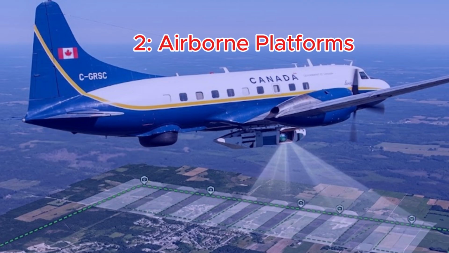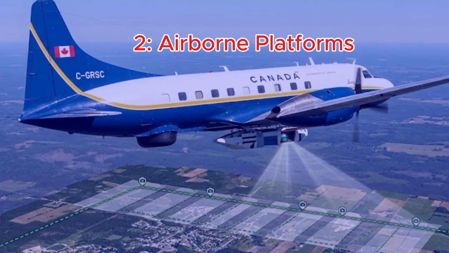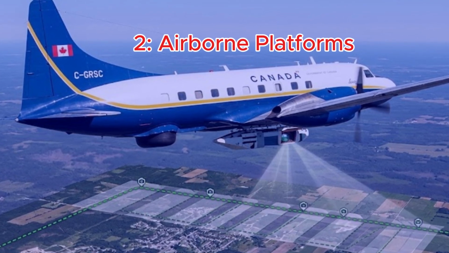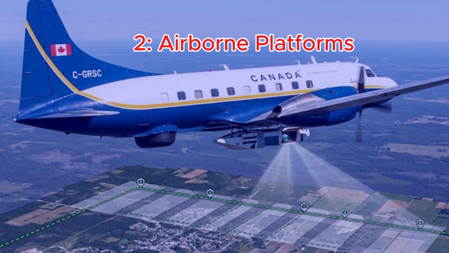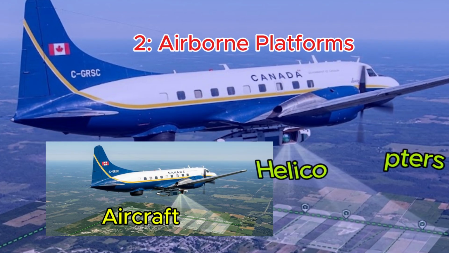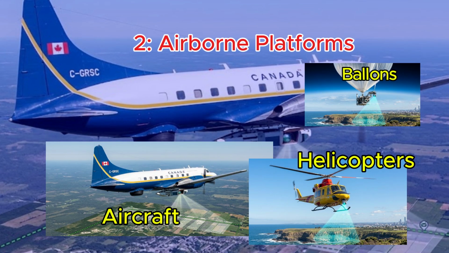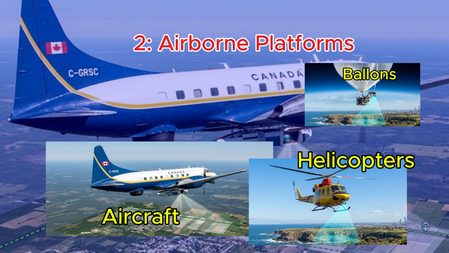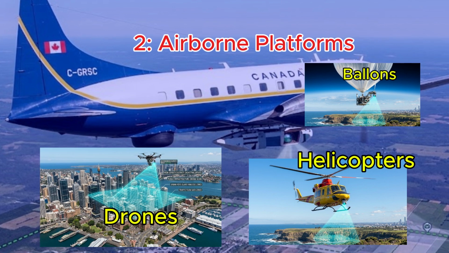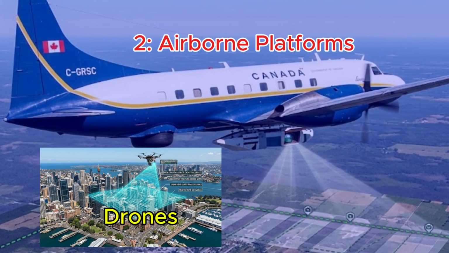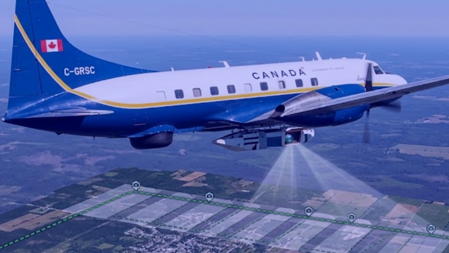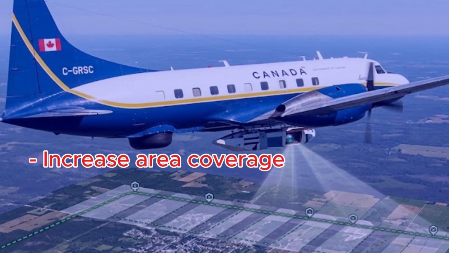Let us move into the atmosphere with the second, the aerial platforms. This tier includes traditional fixed-wing aircraft, helicopters, balloons, and, crucially today, automated surveying drones. These systems elevate our sensors above the Earth to dramatically increase the aerial coverage.